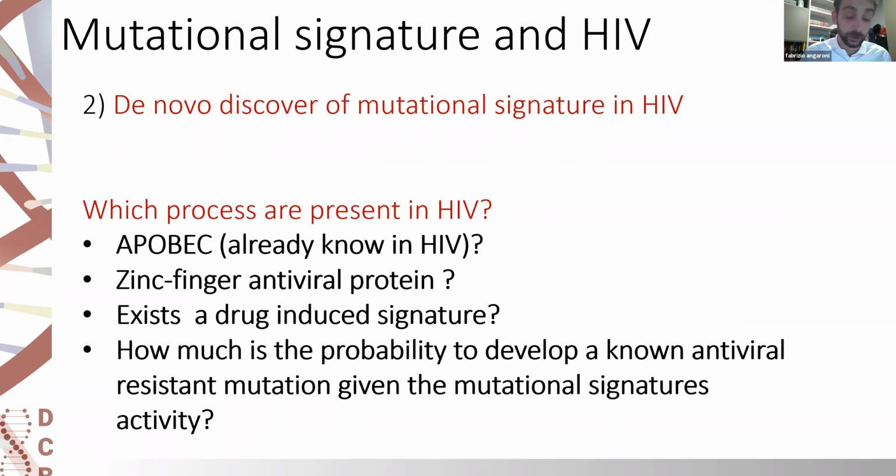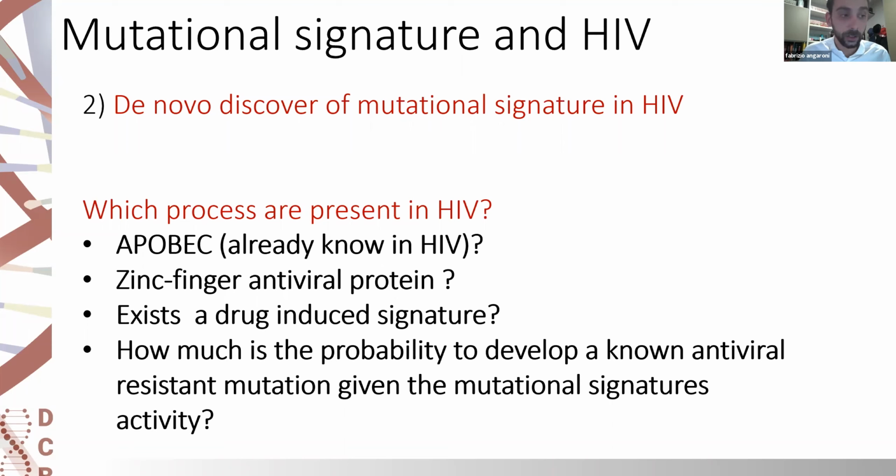Then we want to do a de novo discovery of signatures in HIV. We know that ApoBec is already known in HIV, but we want to try to understand the activity of ApoBec in different HIV patients and try to find other causes or other enzymes. In particular, the attention will be on the drugs, because we know well that in cancer, some drugs leave a footprint on our genomes.